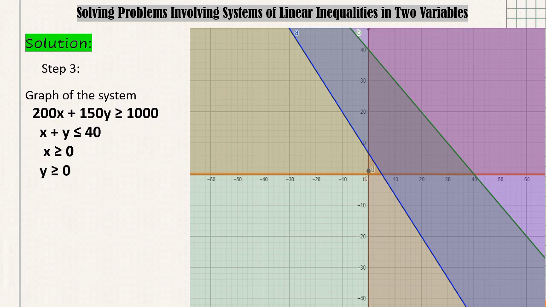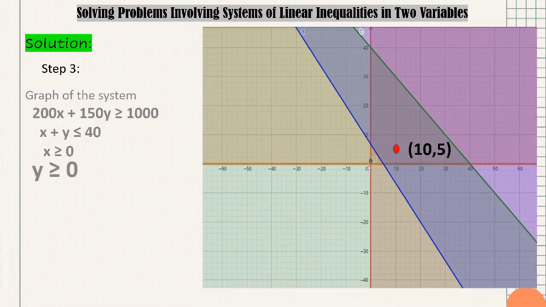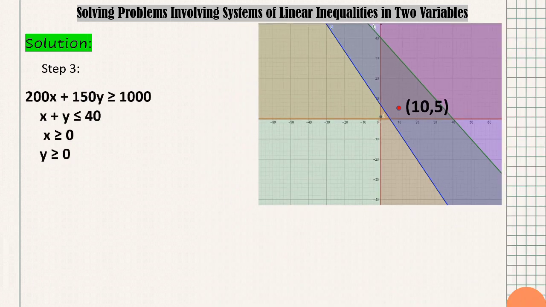From the overlap region, let's have 10, 5. Then all you have to do is to substitute the ordered pair to the system of linear inequalities.